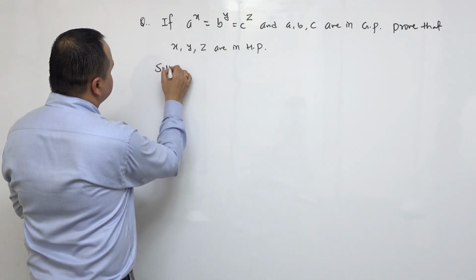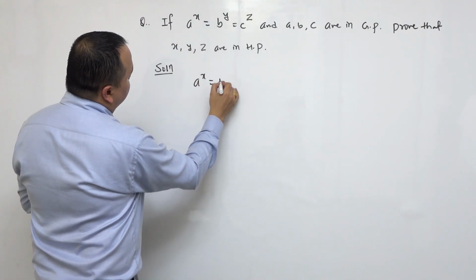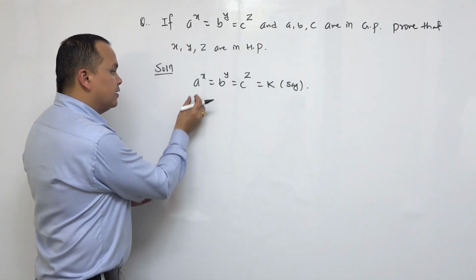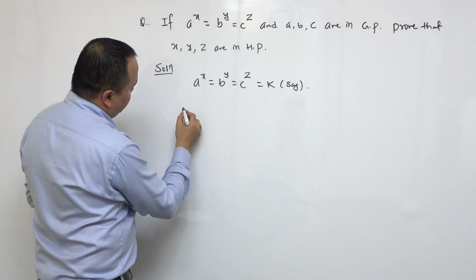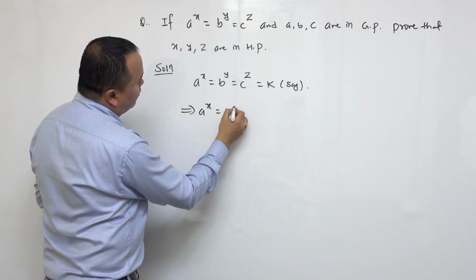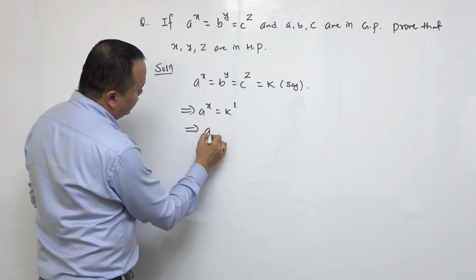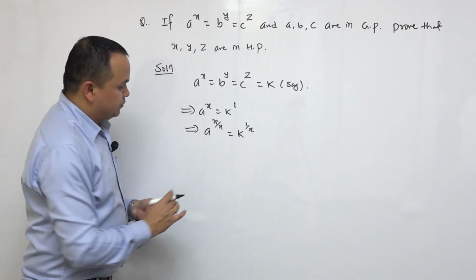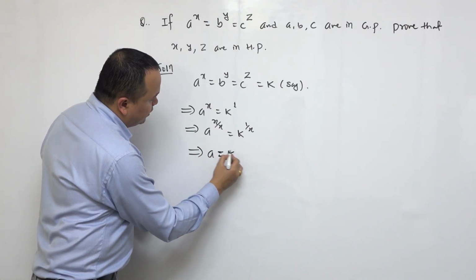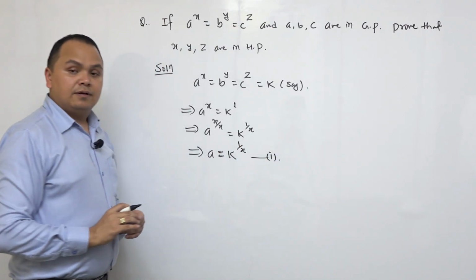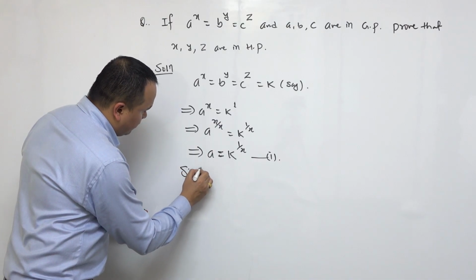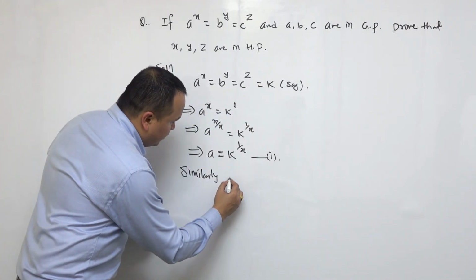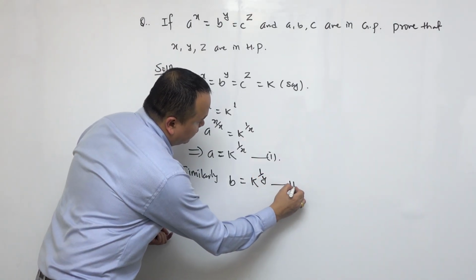For this solution, let A to the power X is equal to B to the power Y is equal to C to the power Z is equal to K. If we take A to the power X is equal to K, then raising both sides to the power 1 by X, this implies A is equal to K to the power 1 upon X, equation I. Similarly, if we take B to the power Y is equal to K, then we get B is equal to K to the power 1 upon Y, equation II.